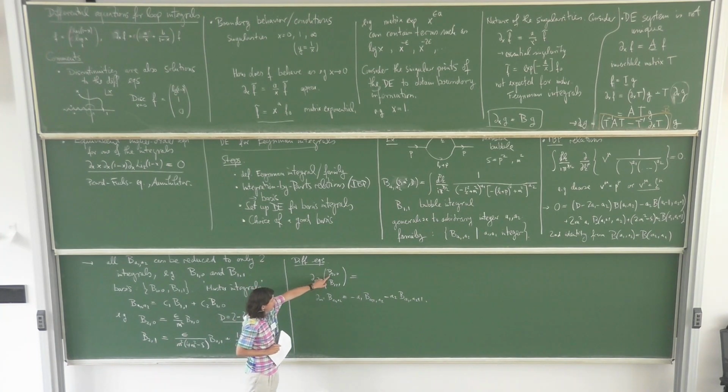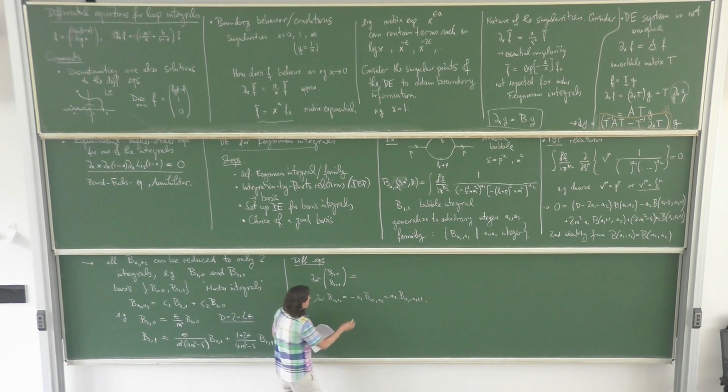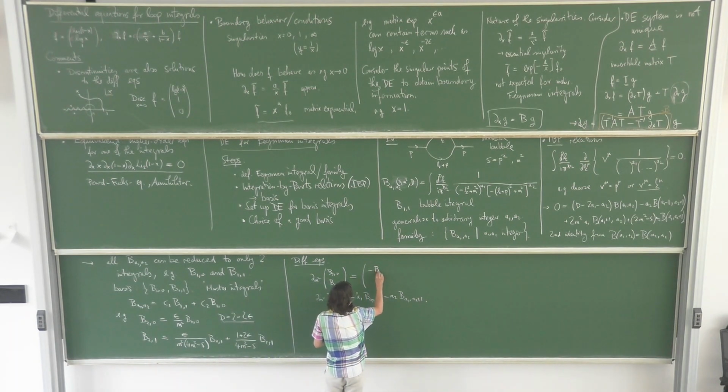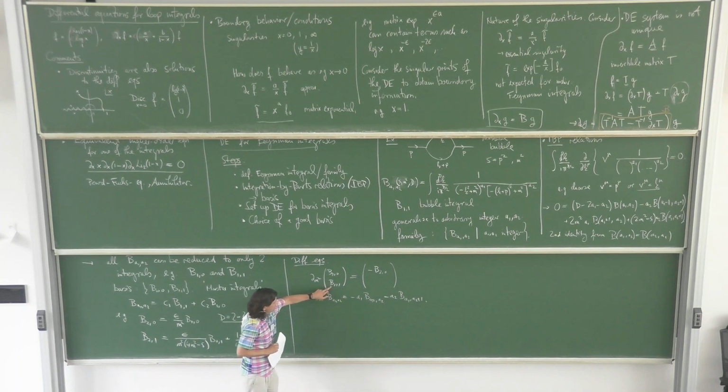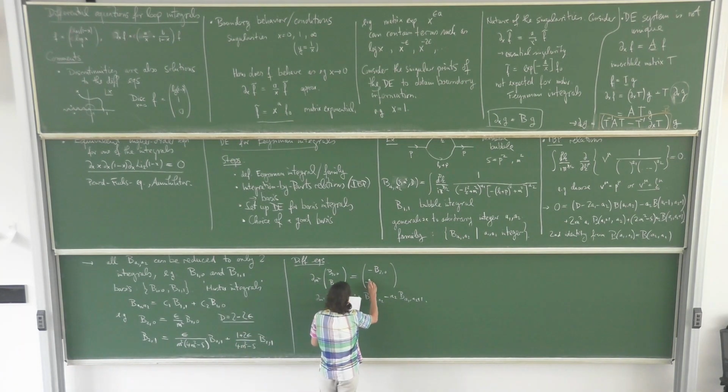But now you see here, we get exactly, well, actually, let me just write it out. So this is minus b2,0. In this case, we get two terms, b2,1 and b1,2. But we know that there's a symmetry, so we can just write it as minus twice b2,1.